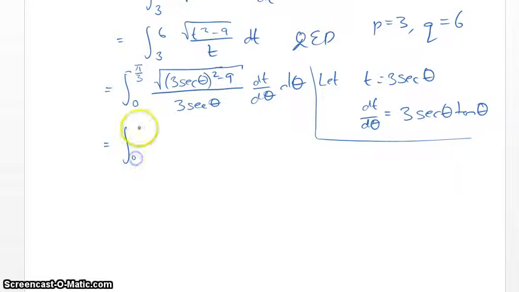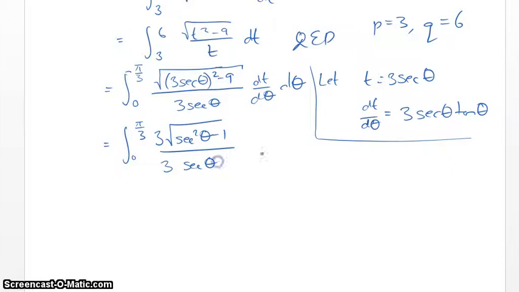That's the integral from 0 to pi upon 3 of 3 square root of secant squared theta minus 1, over 3 secant theta, times dt/d theta, which is 3 secant theta tangent theta. So we've got 1 3 spare, but this 3 secant theta and this 3 secant theta can cancel out.